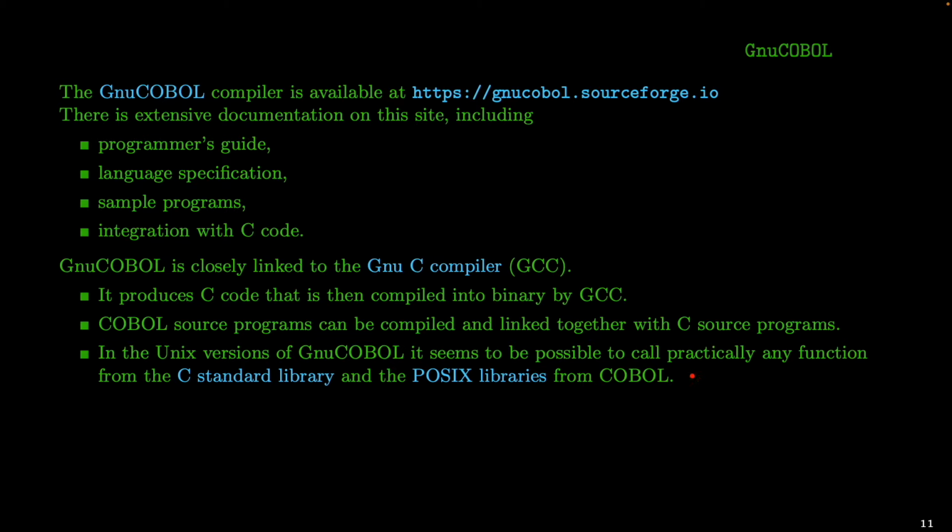So you don't have to include any libraries or header files or something like that. You can just call them. It is a bit difficult to fix the parameters for C function calls from COBOL because of the very different representation of data that these two languages have, but I will get to that in a later video.